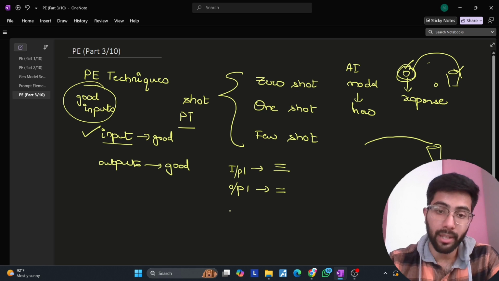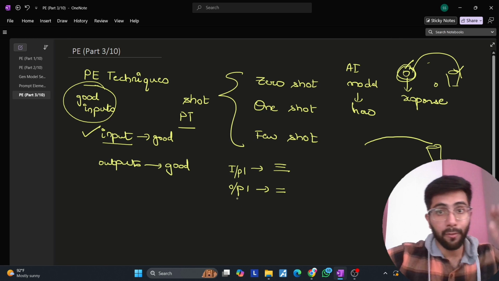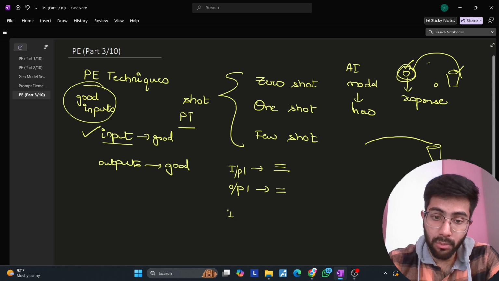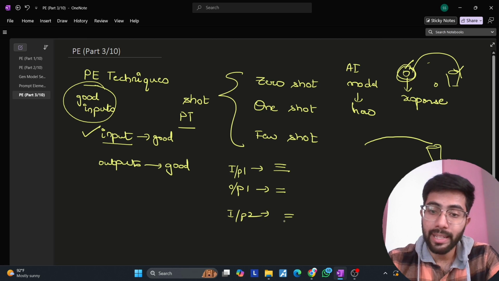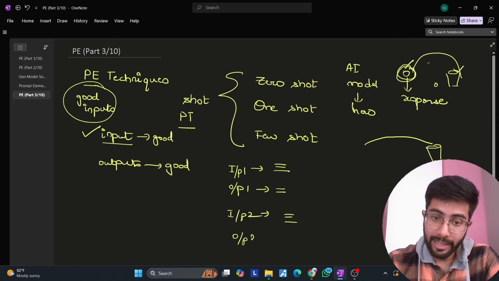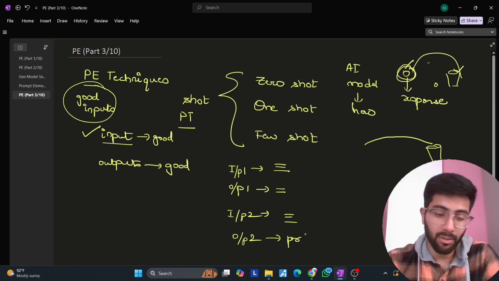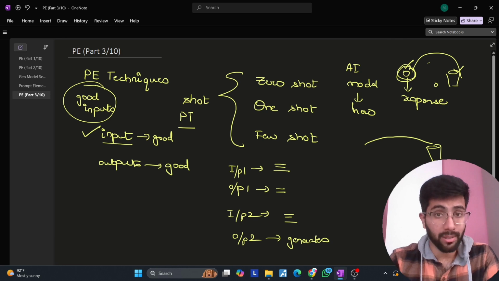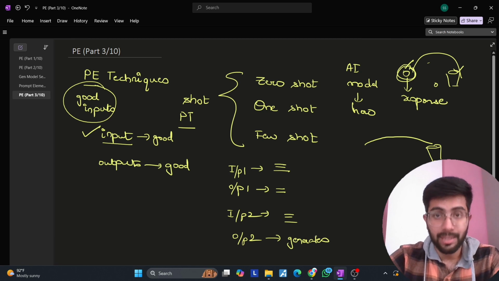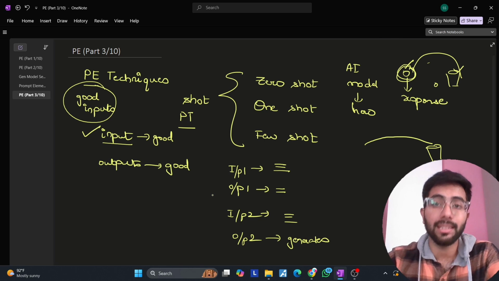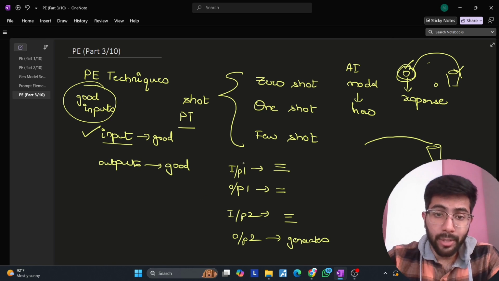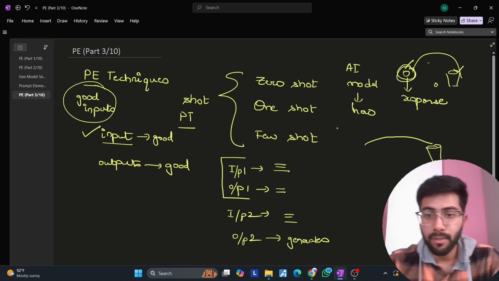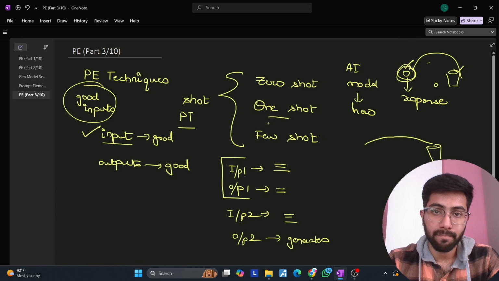Then you say, okay, now that I told you if it's input 1, this has to be the output, now I'll give you input 2, tell me the output. If AI generates the right response or the response that you were looking for, then again this is a successful prompt. But given that you gave it one shot of input output sequence, it's called one shot prompting technique.